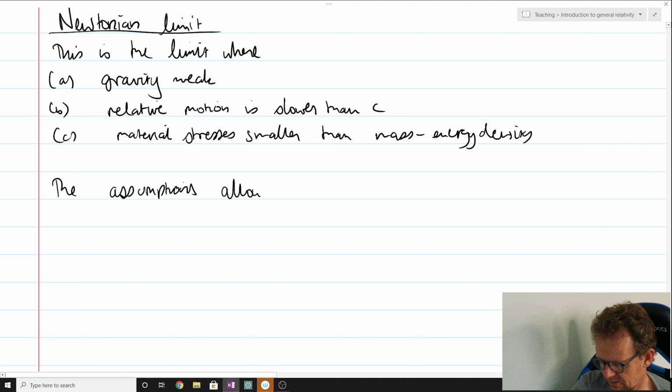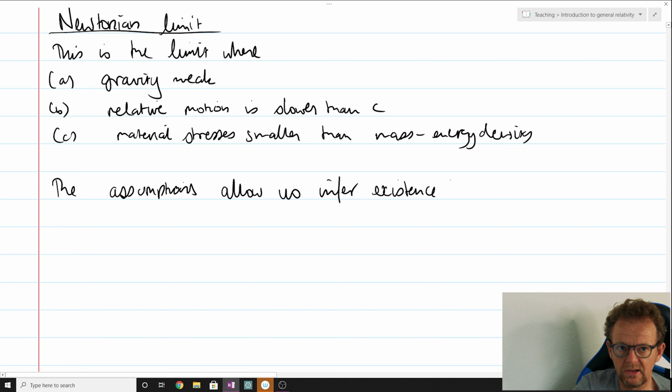They not only allow us to infer the existence of a global coordinate system. I mean, that's implicitly or explicitly stated at the beginning of our discussion of linearized Einstein field equations.